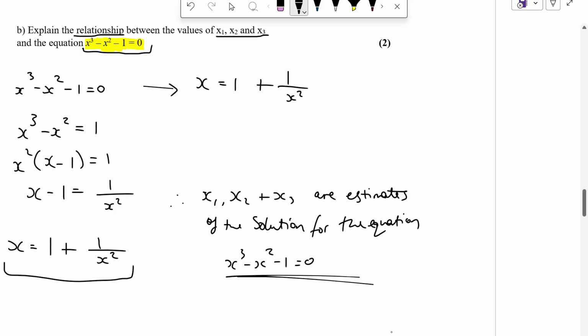Okay, quick 2 marks. Rearrange this and then state that x1, 2, or 3 are estimates of a solution.